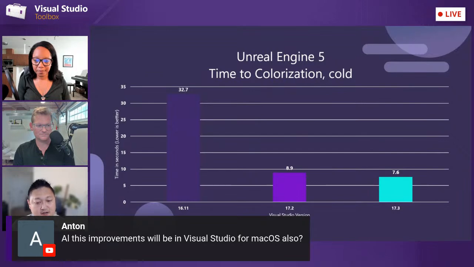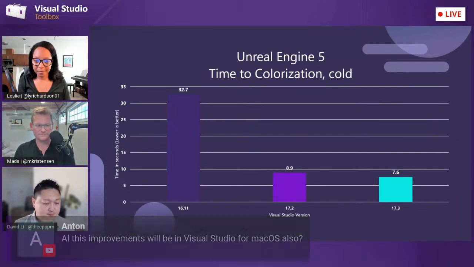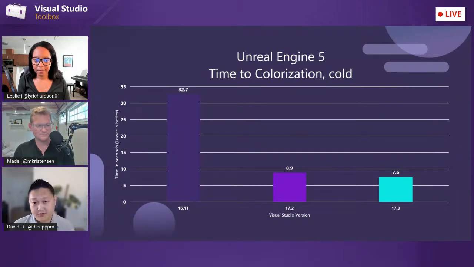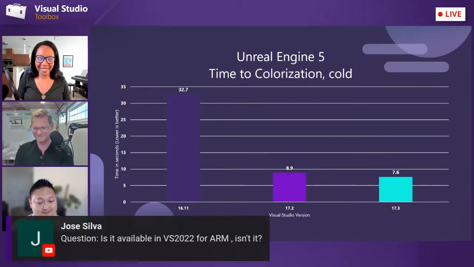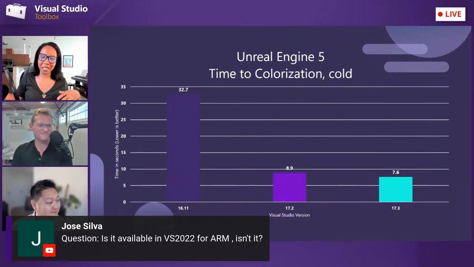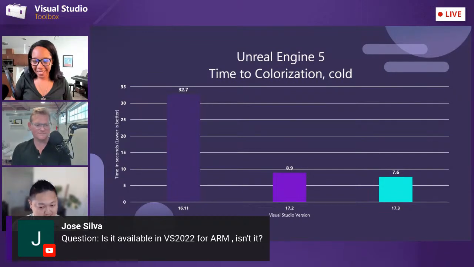Unfortunately, it does not. These improvements are only for Visual Studio for Windows. Yeah. And another follow-up question, now related to ARM: will all of this be applicable in the ARM version of Visual Studio? I believe so.